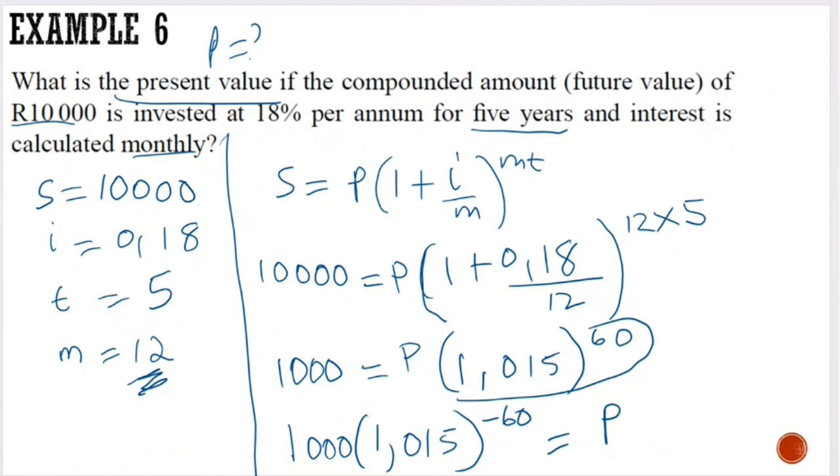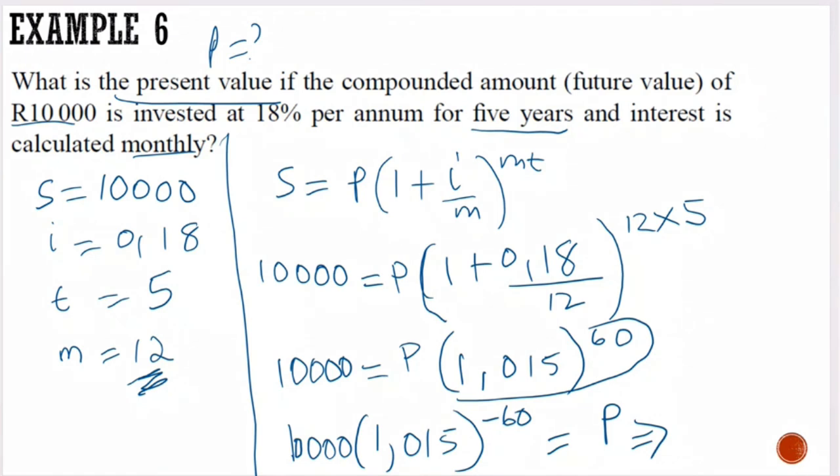So now you plug this thing into your calculator. This implies that your P is equal to... It's not 1,000, it's 10,000. Yes, thank you for that.